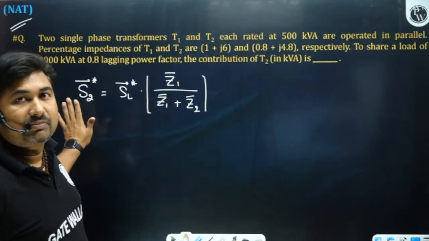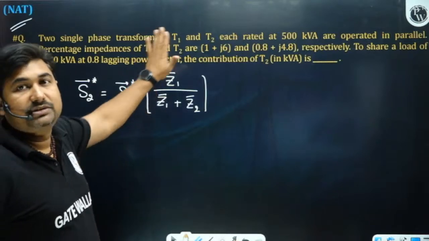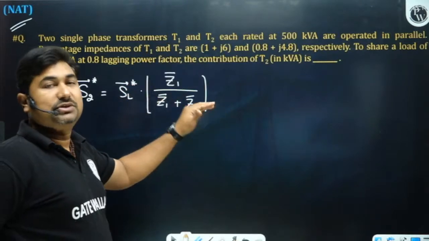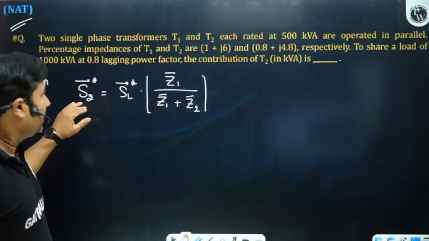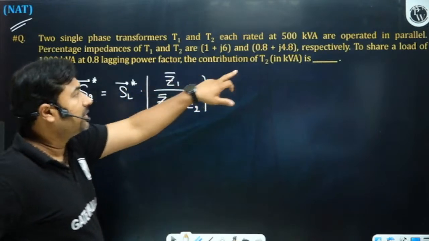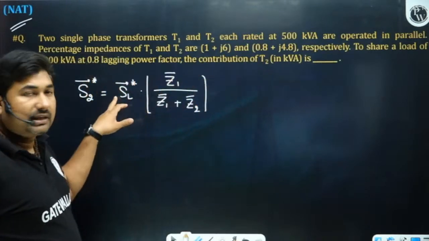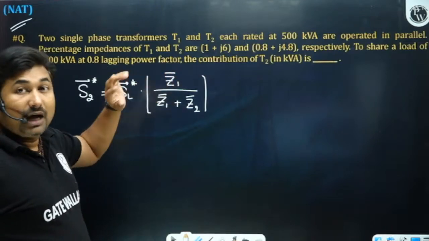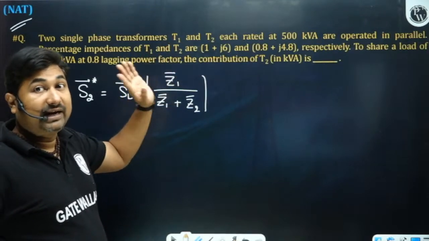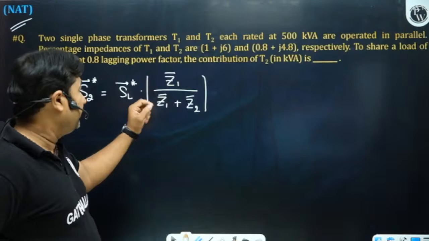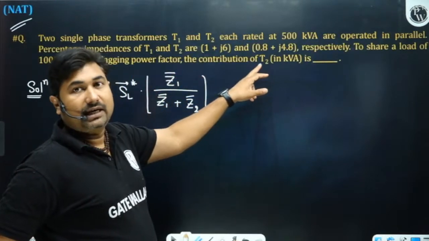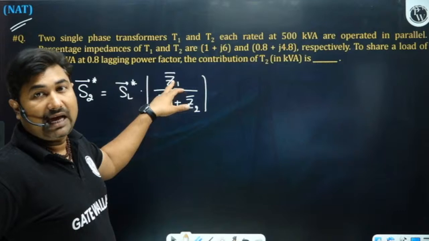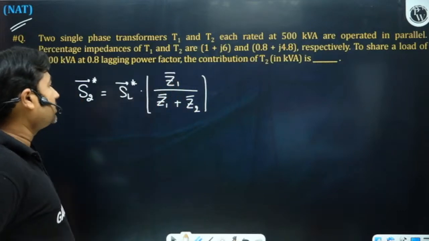KVA shared by transformer B is SL conjugate into ZA upon ZA plus ZB. Since here transformers T1 and T2 are mentioned, I am representing S2, the KVA shared by transformer 2, as SL conjugate into the opposite one, because by KCL I have derived this, if you remember. So for opposite one, the impedance goes in the numerator: Z1 upon Z1 plus Z2.